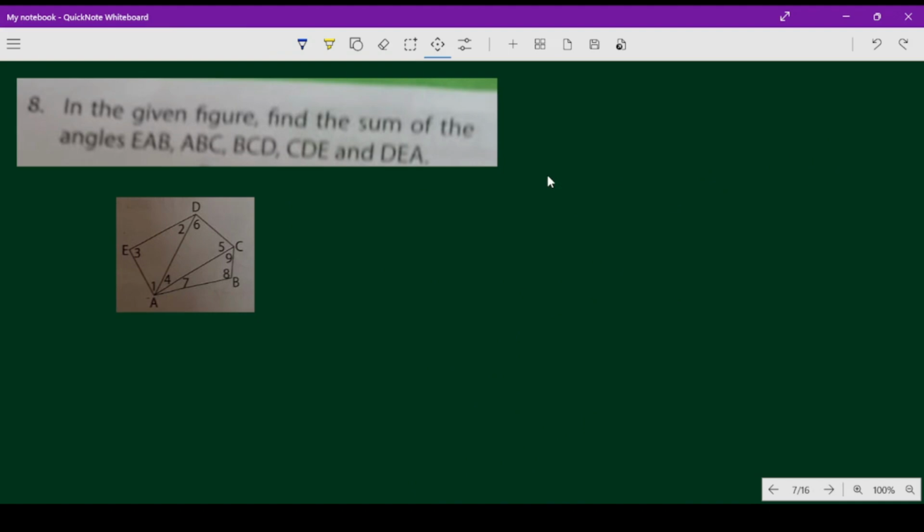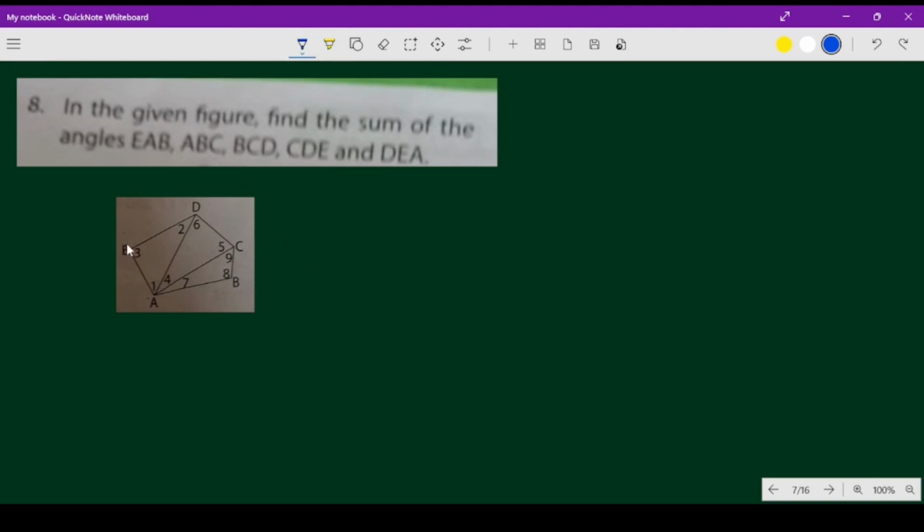Now we have another question. In this question we have a figure. We need to find the sum of the angles EAB, ABC, BCD, CDE, and DEA. We need to find the sum of all these angles.